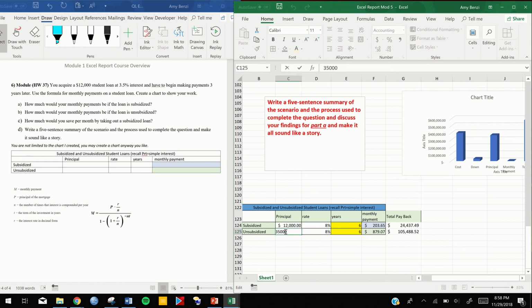And let's do this one as equals this, equals this, equals this. So now if I wanted to go back and change things, it'll change everything.